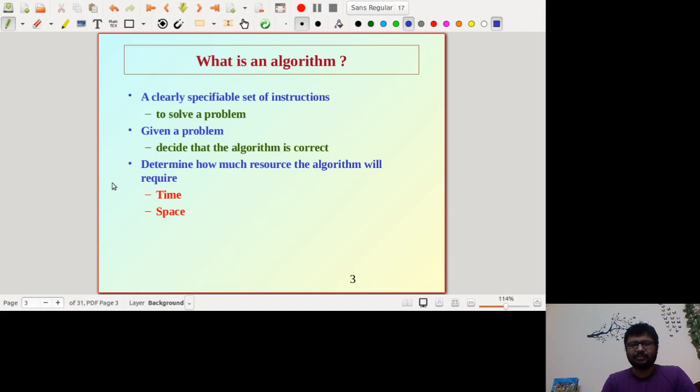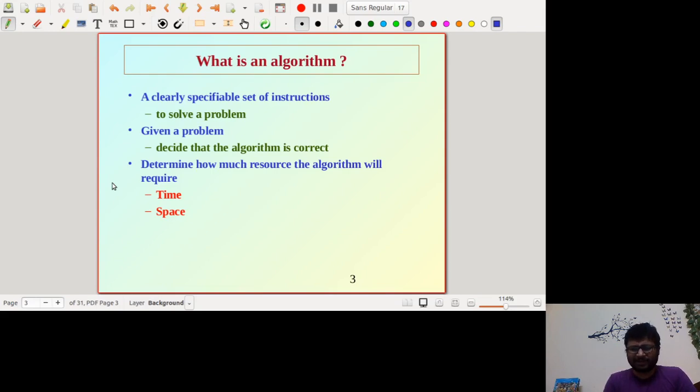An algorithm for solving this problem is as follows. Let's say the numbers are n1 and n2. The first step is you divide n1 by n2 and obtain a remainder. The second step is that you update n2 by n1 and n1 by the remainder of the preceding division, and you continue.